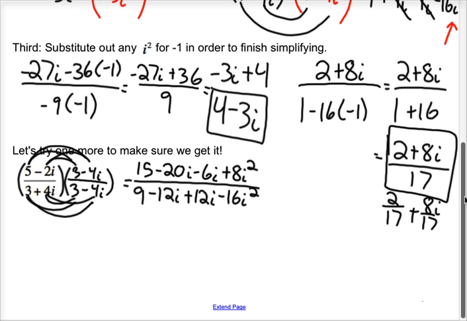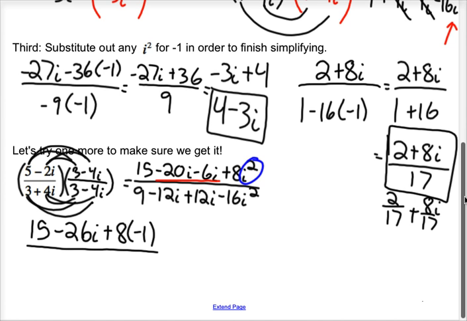Next thing that I want to do is start combining my like terms and getting rid of my i squareds. So on top, notice I have negative 20i minus 6i. That's going to give me a negative 26i. Then also notice I have that i squared there. So I'm going to switch out that i squared with a negative 1.